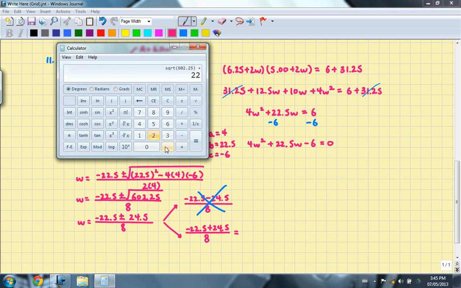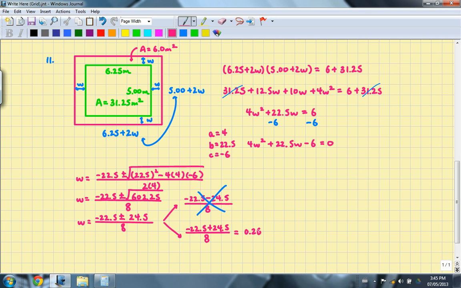So minus 22.5 plus 24.5 divided by 8, and so you get 0.25. Actually, if you round properly, if you did not cut off the decimal right at the start, you get 0.26 meters for your width. And I think that's all they asked for, how wide the border is going to be. So you can put a nice box around your answer, and that's the end of that one.